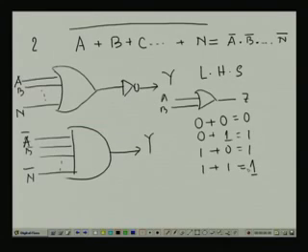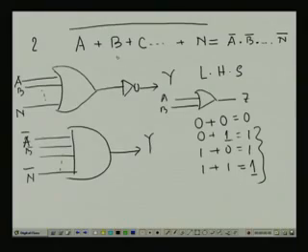See that out of 4, 3 cases it will be 1. That means, if any one of the input variables is 1, then the output is 1. So, if we now extend this concept, for n input OR gate, if any one of the n variables is 1, then output will be 1.